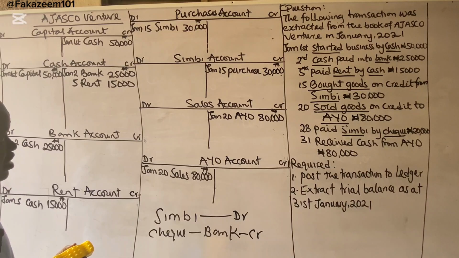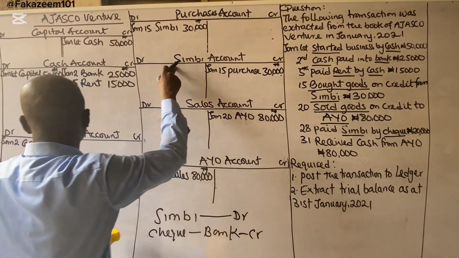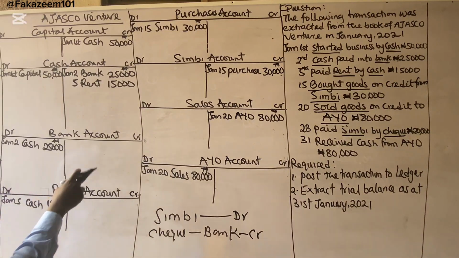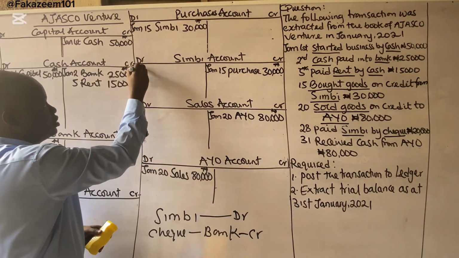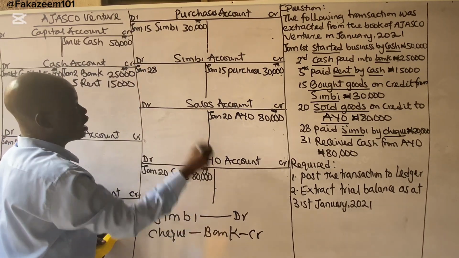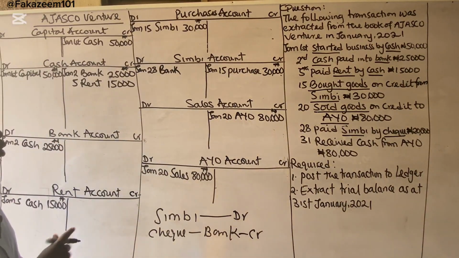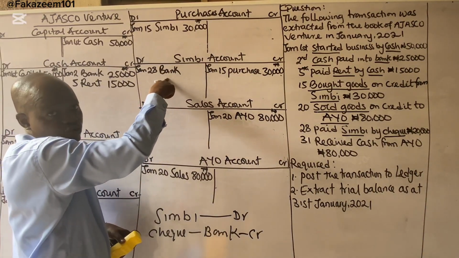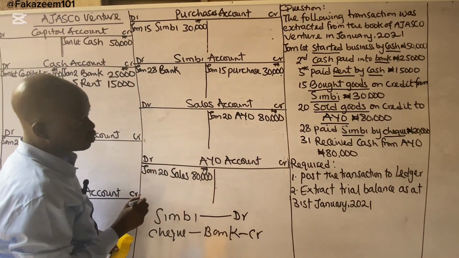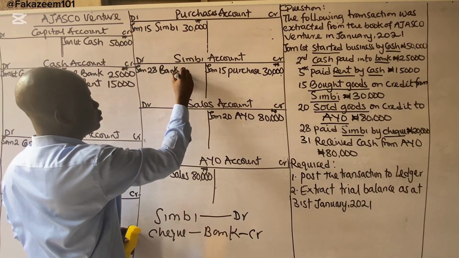No, because there is a Simbi ledger on the board and there is a bank on the board. What do we do? We debit Simbi on January 28th, and his particular will be bank, because Simbi received this money through the bank of Ajasco Venture. Debit Simbi with how much? 20,000.